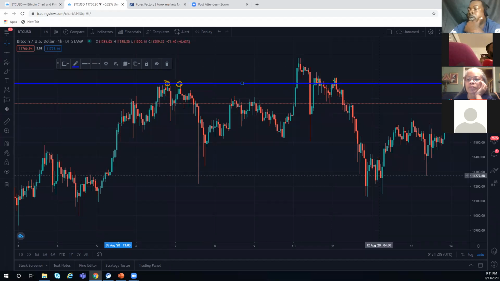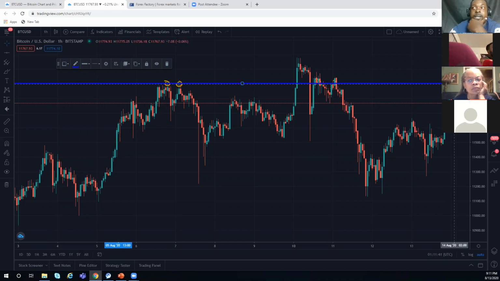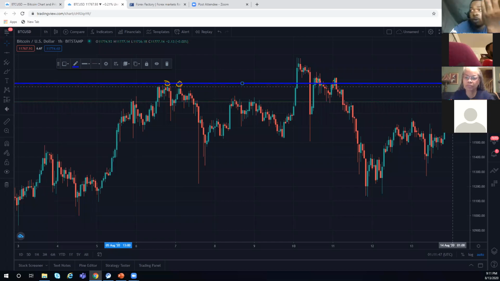So basically, if I'm currently looking at Bitcoin, this is a potential trade opportunity, because based on this move, I believe Bitcoin is going to at least hit this 11,900 zone again. Is it going to break through it? Who knows. Is it going to bounce off it? Who knows.